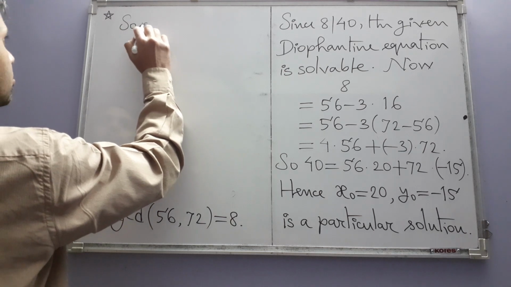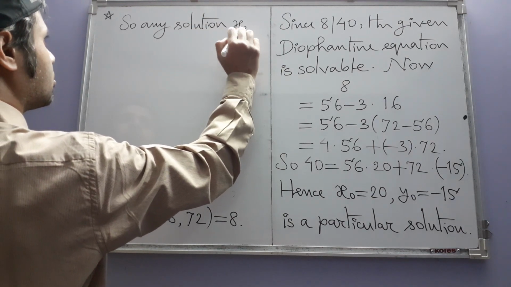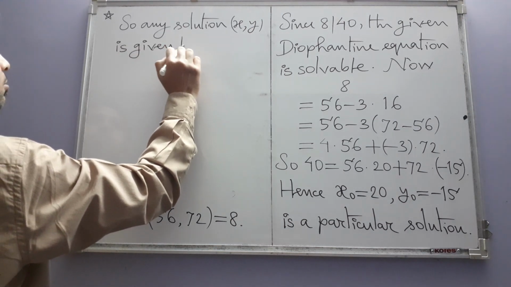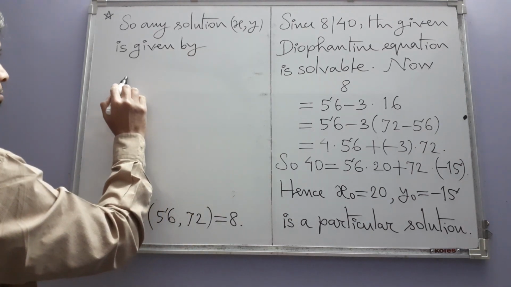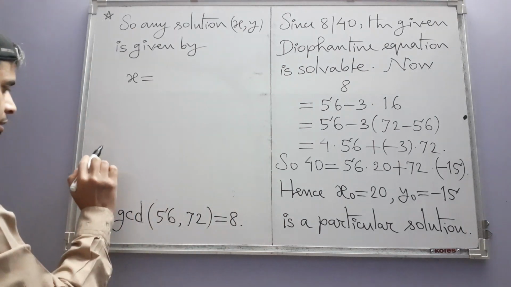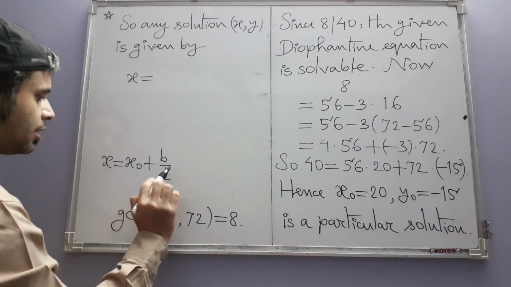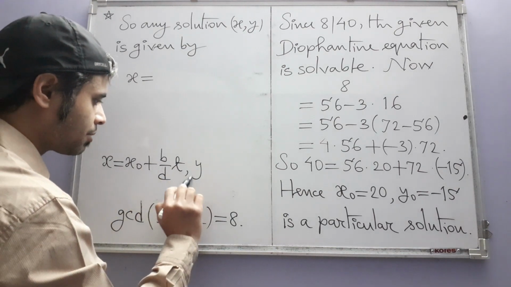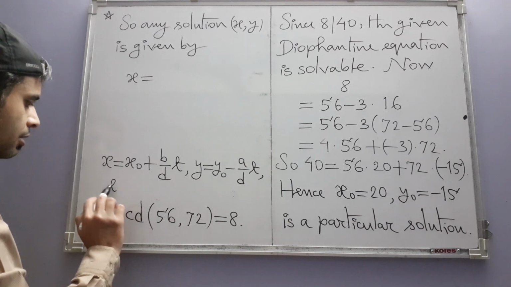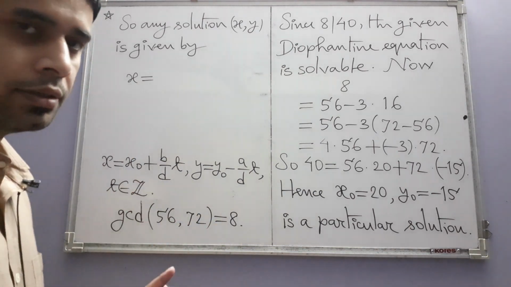So any solution x comma y is given by, what was the expression, x equal to x naught plus b divided by d times t, and the y part is y equal to y naught minus a divided by d times t, where t is an integer and d is the GCD.